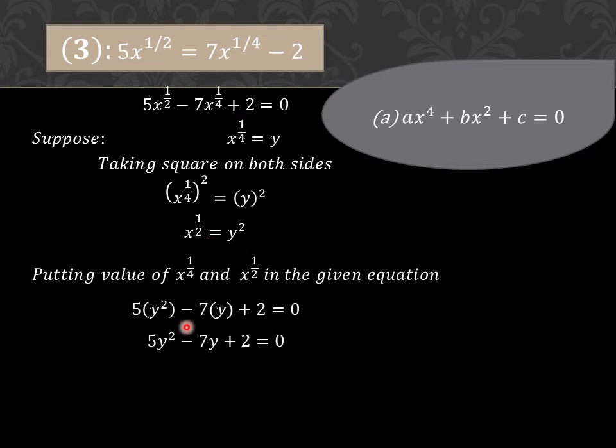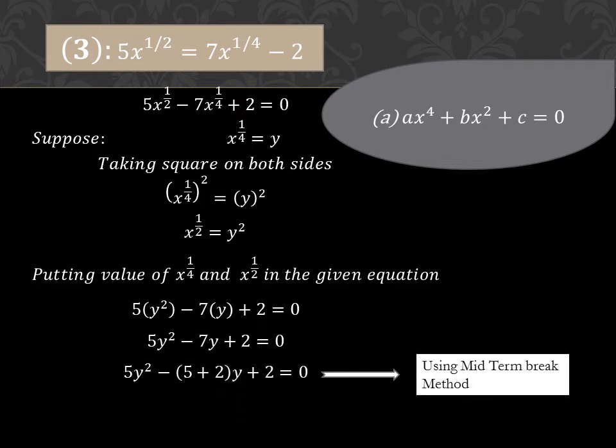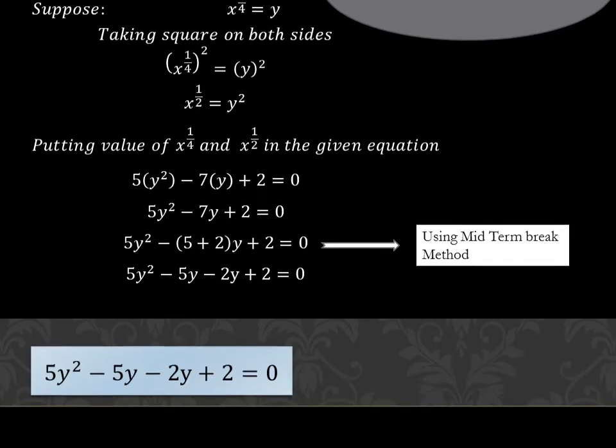Replacing them and opening the brackets, we will get this equation, and after the breaking midterm we have 5 plus 2 instead of 7. We will open the brackets now. The sign of 2 plus 2 will be changed to minus 2 as we are having minus sign outside the bracket.